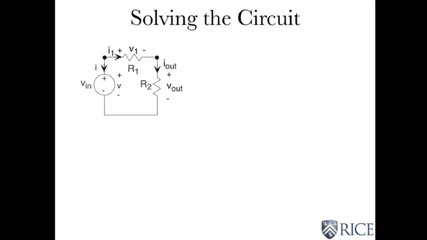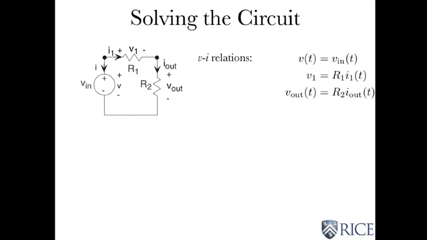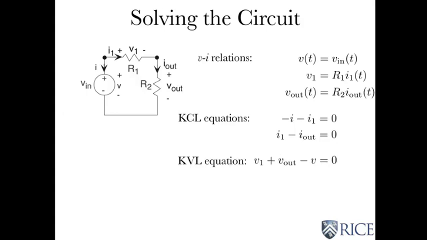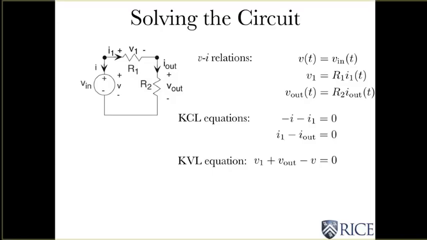All right, so let's solve that circuit. So we have 3 VI relations, we have 2 KCL equations, and we have 1 KVL equation. Aren't we happy? All we're interested in is finding what the output voltage is for the given source voltage. And we have 6 equations and 6 unknowns to plow through.